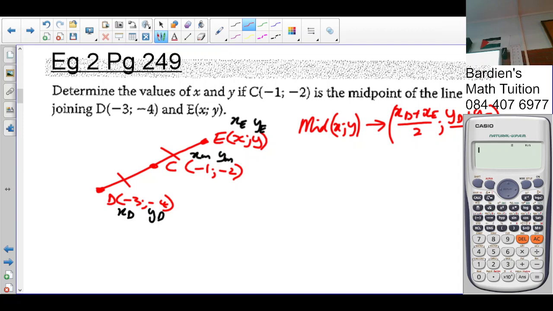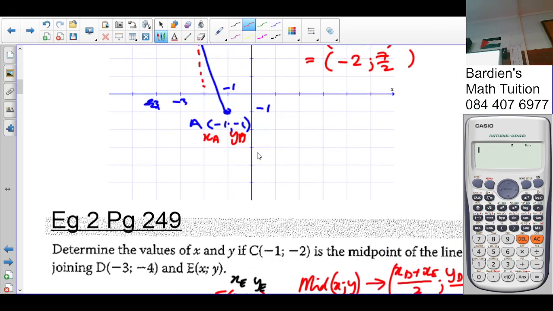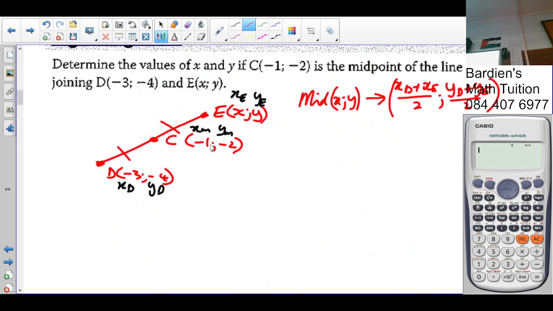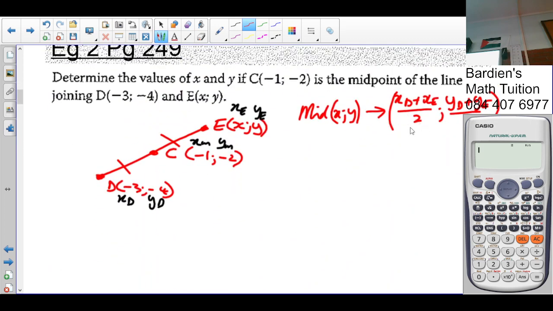Coming back to the formula here, you see that? The midpoint is xA plus xB over 2, yA plus yB over 2. Now we have D and E. Can you see that difference here, people? So if we do the substitution, what would it read?